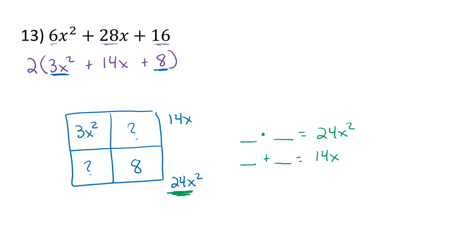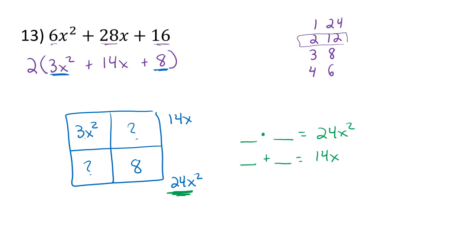So I just think of numbers that multiply to give me 24. So I got 1 times 24, 2 times 12, 3 times 8, and 4 times 6. So trying to figure out which one is going to add up to 14, that's going to be a 2 and a 12.